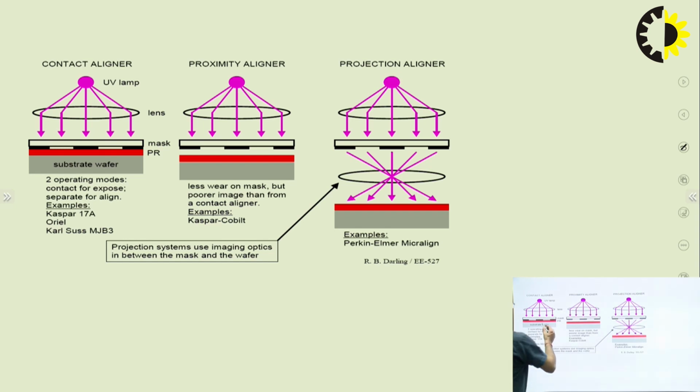Here we can see this is our contact printing. Here in this case, the mask and the photoresist, this is our photoresist. Mask and photoresist, they are in contact.